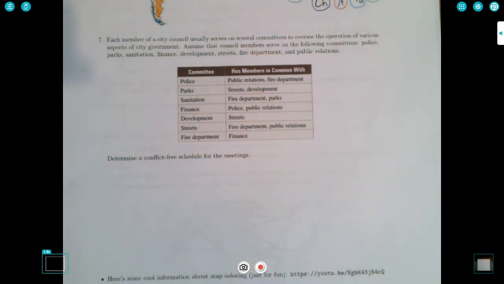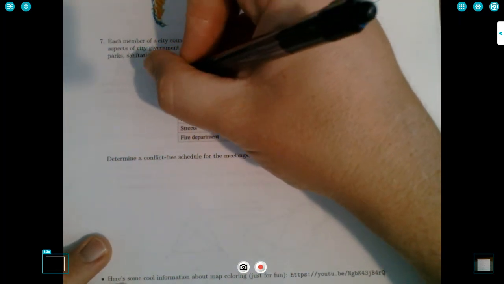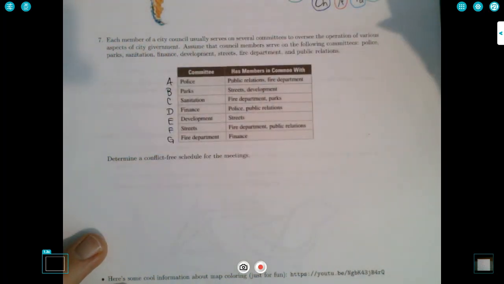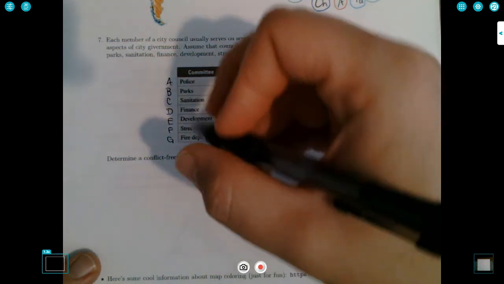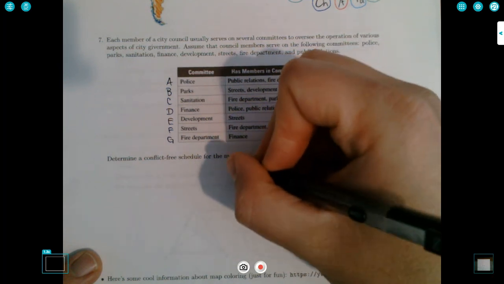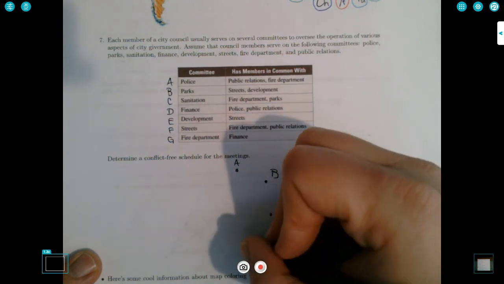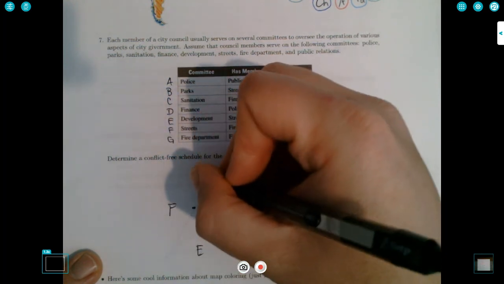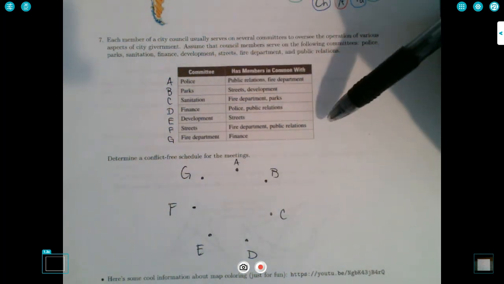So I'm going to model this again with a graph. Maybe I'll just label it like this: A, B, C, D, E, F, and G. And then I'm going to draw an edge connecting any committees that have members in common.